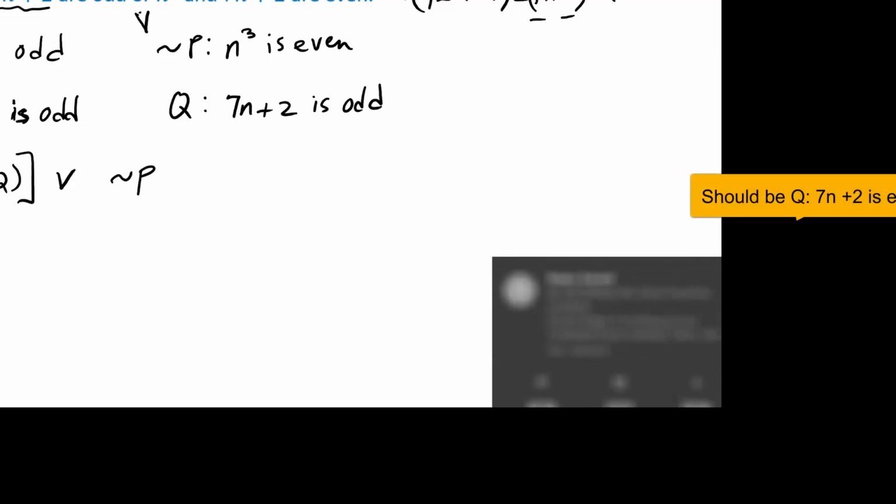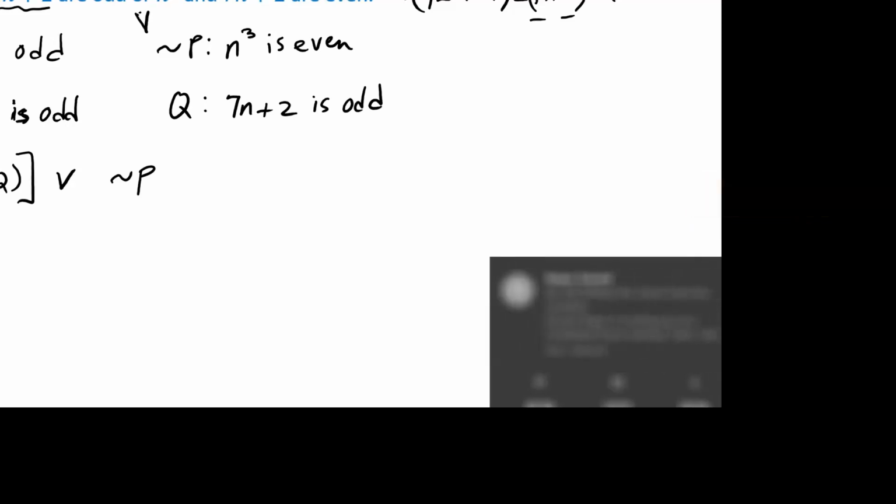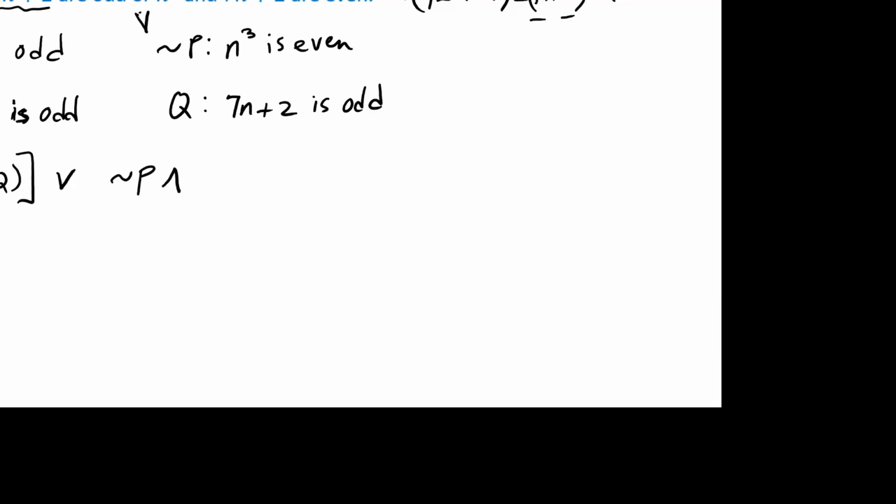So in symbols, the rest of it is not P and Q. And we know that the commutative property holds when we're dealing with conjunctions. And so that would be equivalent to what we had up here.